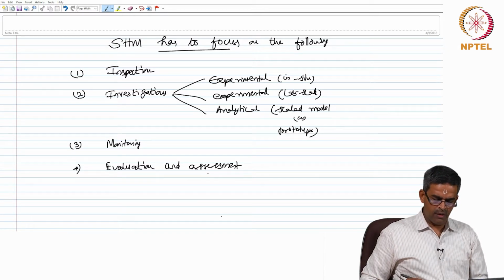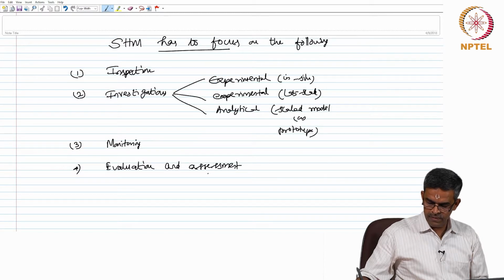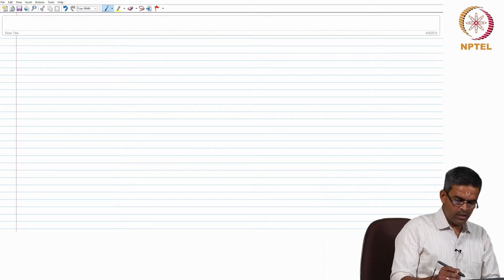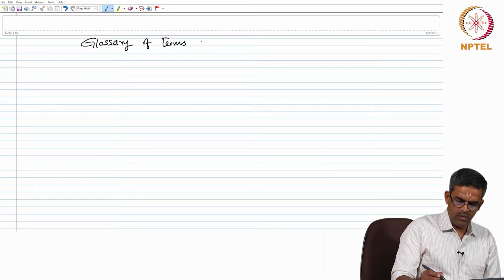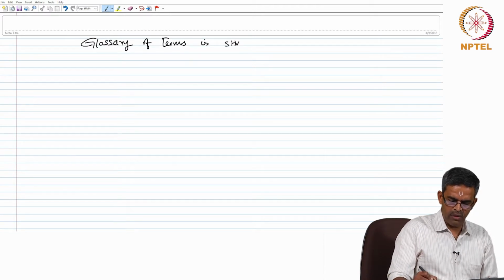Before we look into the different types of monitoring, let us go through a glossary of terms which are useful in structural health monitoring.